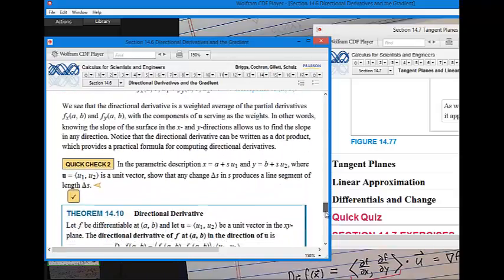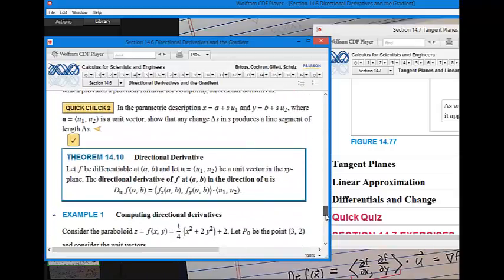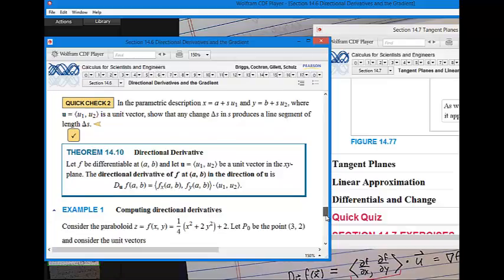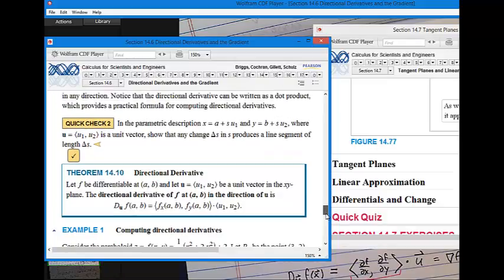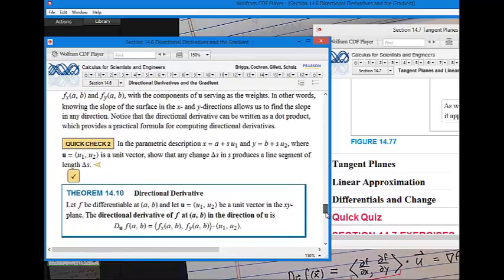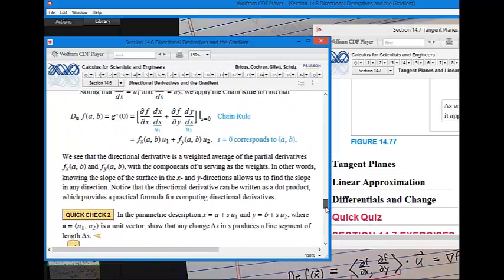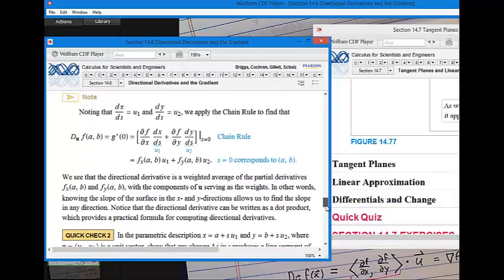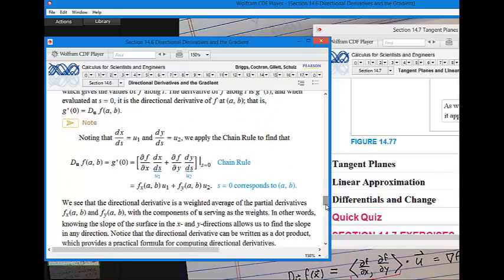And then when they get down here, they say the directional derivative you can write as f_x(a,b) and f_y(a,b) dotted with u1, u2, that unit vector, the dot being the dot product. And the reason is the chain rule. I think this is better than what I was going to write down, because we're just sticking to 2 dimensions.